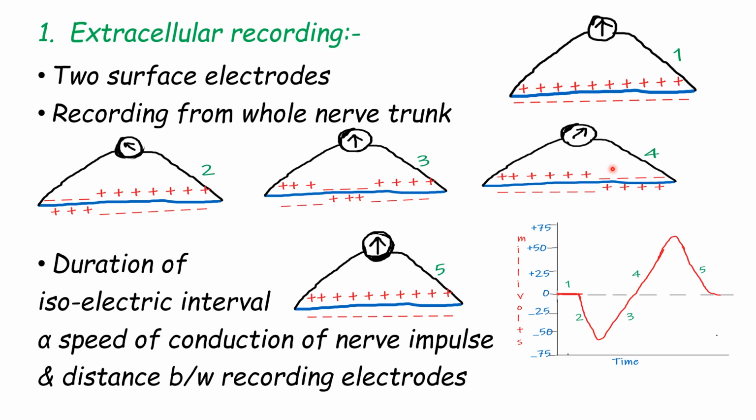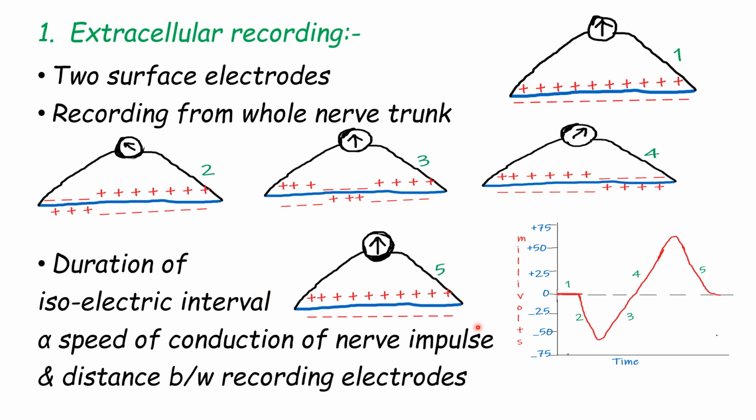Here again the deflection will be recorded because both electrodes are recording different potentials. After some time, the membrane becomes polarized again. There is no difference between the two electrodes, and then the potential comes back to normal. This type of potential is known as biphasic, two phases, negative and positive. We are recording two phases.